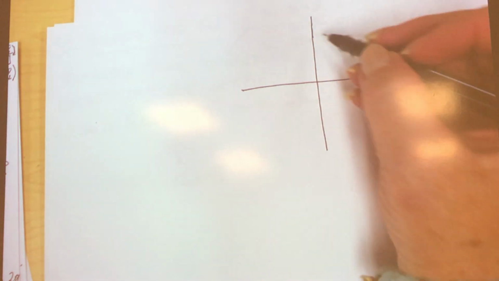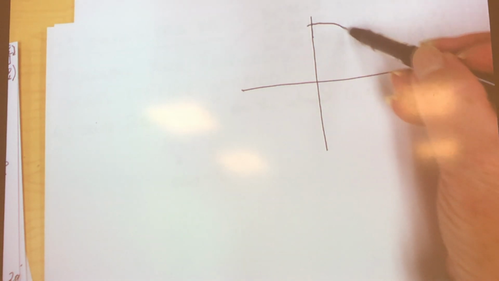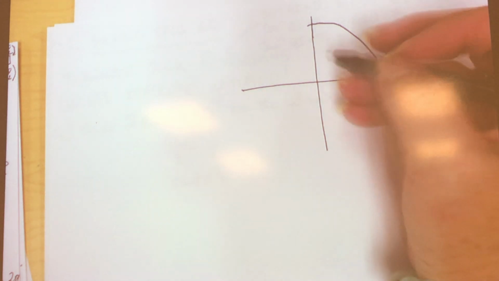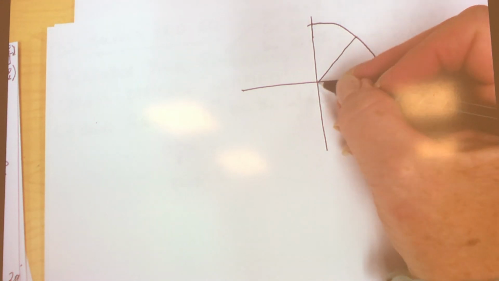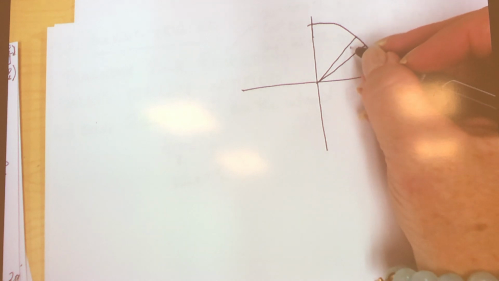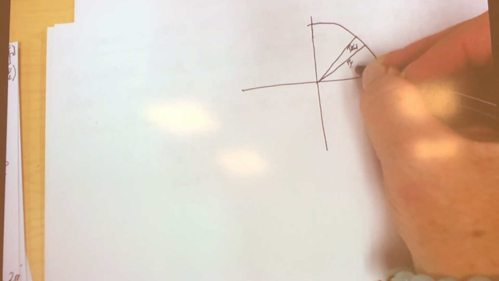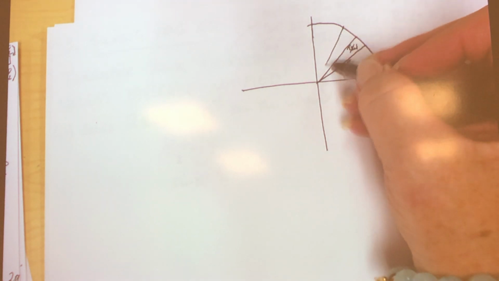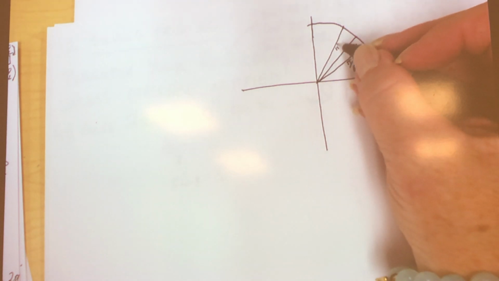I would do a little first quadrant thing. So here's 45, so this is pi over 4. This is pi over 6, that's 30. And this is 60, that's pi over 3.